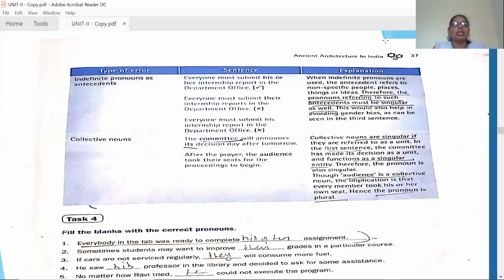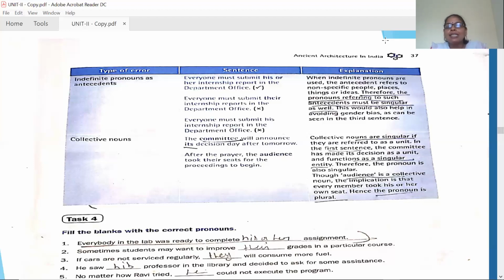And coming to the last one, collective nouns. Collective means a group of things coming together. We call them collective nouns. The committee will announce its decision day after tomorrow. Here the collective noun is committee, and the pronoun we have used is its. Collective nouns can be singular if they are referred to as a unit, or they can be plural.